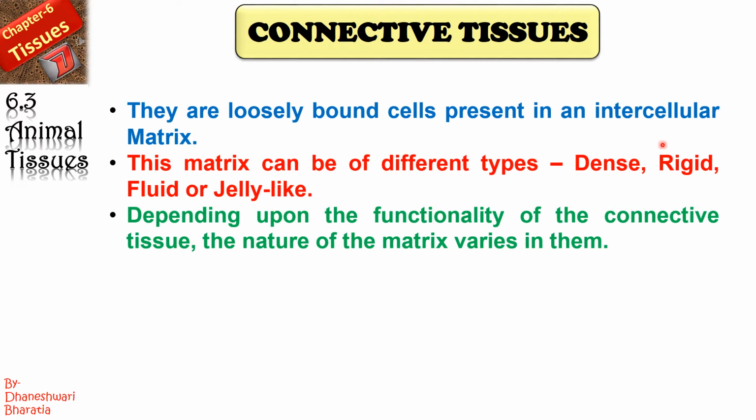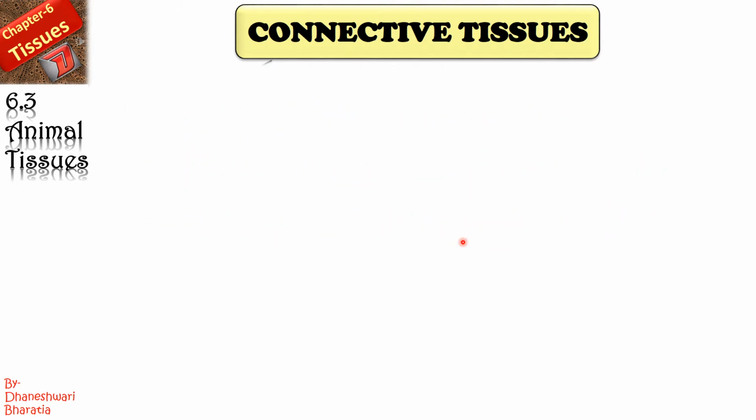So the presence, the location and the function of each tissue matter a lot for the nature of the matrix, right?